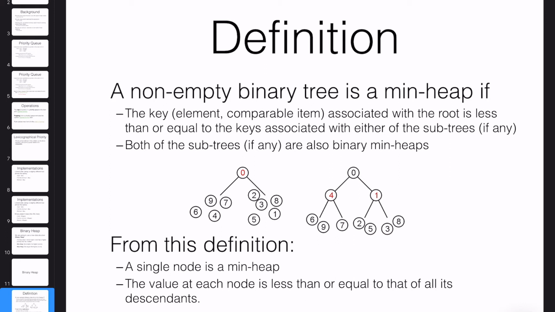A binary tree is a min-heap if the element that you keep in the root is going to be the smallest element among all the items that you have in the whole tree, and this property actually holds, you have the same property over all the nodes in the tree.